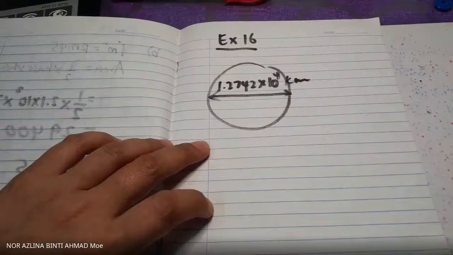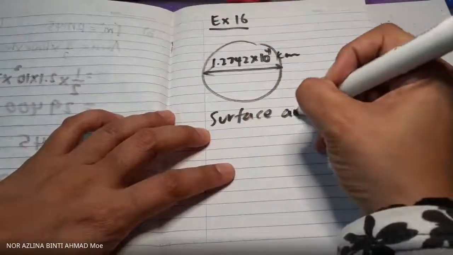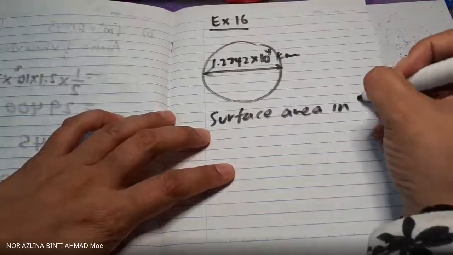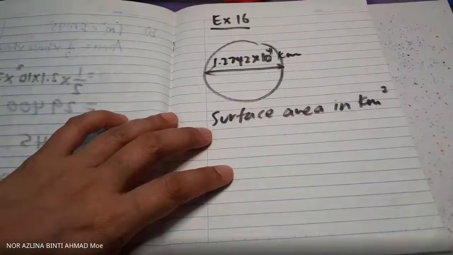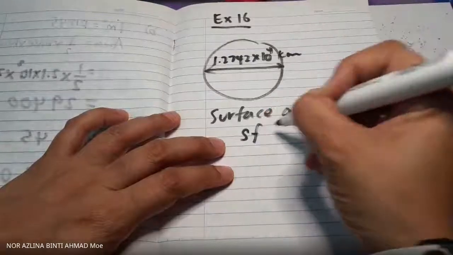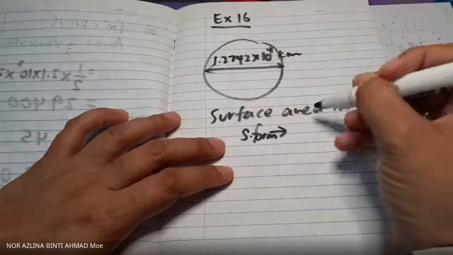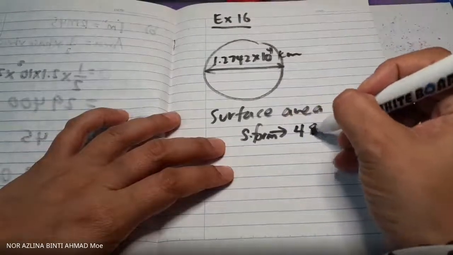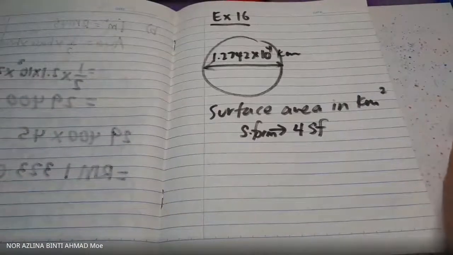Calculate the surface area in kilometers squared. State the answer in standard form, correct to 4 significant figures. They combine standard form and significant figures.